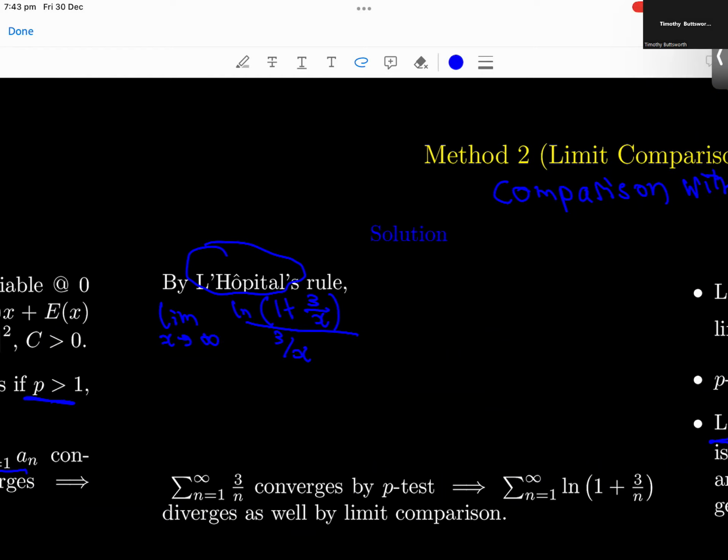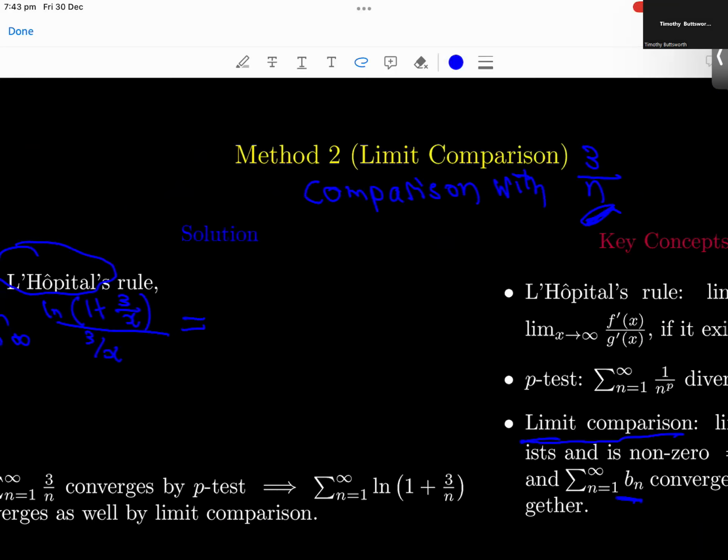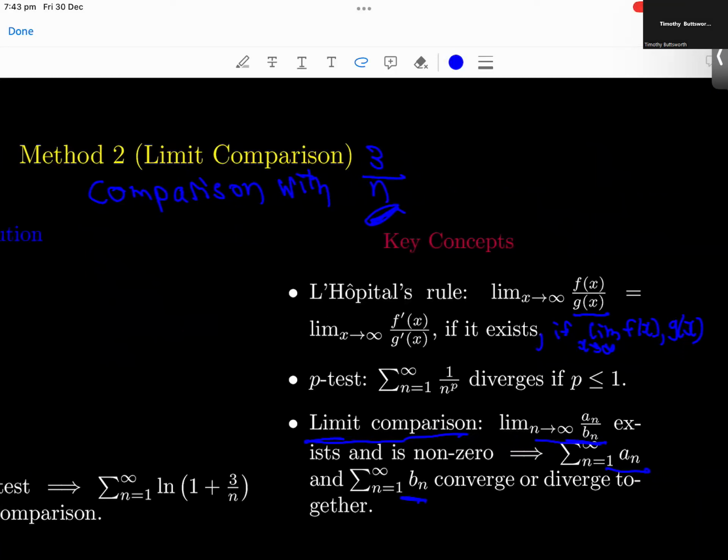So the limit as x goes to infinity of ln of 1 plus 3 divided by x, divided by 3 divided by x. L'Hopital's rule. Can we use that? Well, L'Hopital's rule says that if we're looking at the limit of a ratio of two things, then that's going to be the same as the limit of the ratio of the derivatives if this limit exists, and if the limit as x goes to infinity of f of x and g of x are both 0.